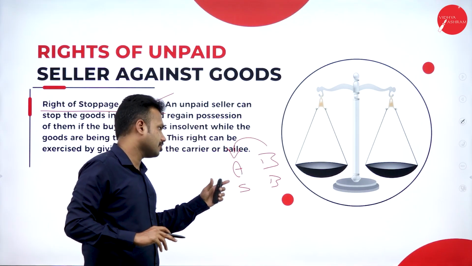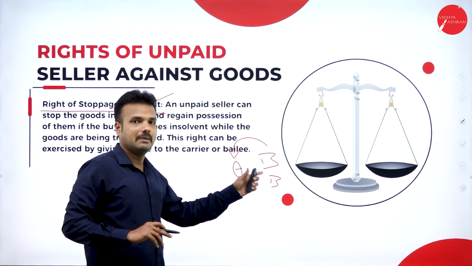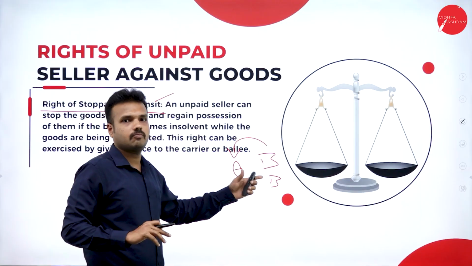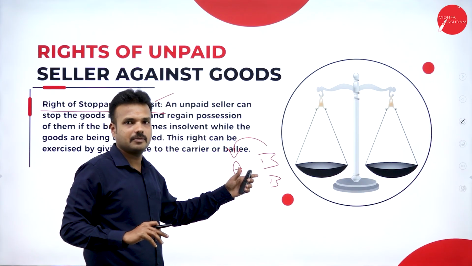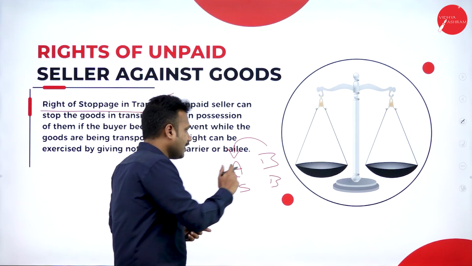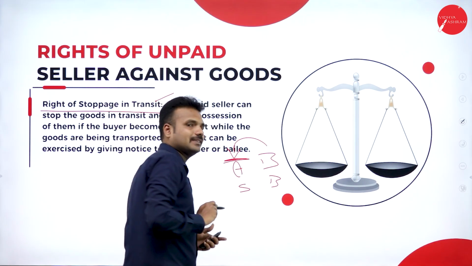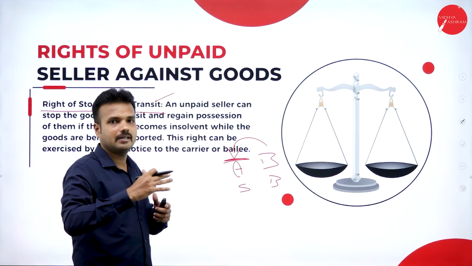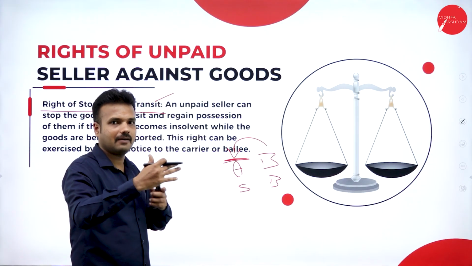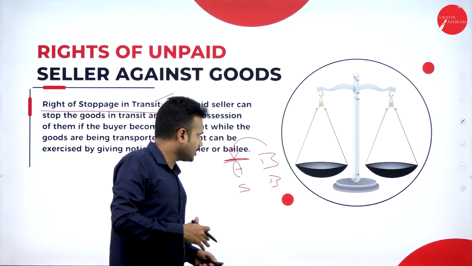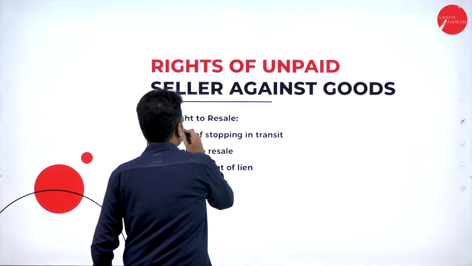Based on that advance, A is going to send goods to Mr. B, but the goods have not yet been delivered. There is no response from Mr. B. Until and unless there is a response or a payment, A has a complete right to avoid the delivery of the goods, meaning he has a complete right to stop the goods that are being delivered to Mr. B according to the Act.